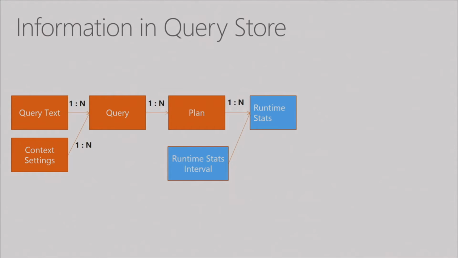But really, that depends. As I mentioned, one case is really ad hoc workload. When you generate new queries, that's really a pressure to the query store because all these new queries will be recorded as separate entries, and then it really has an impact.